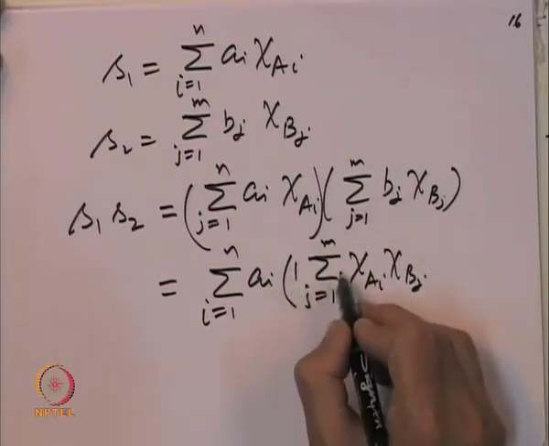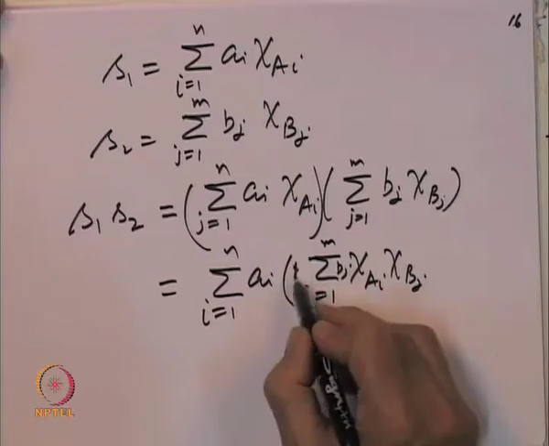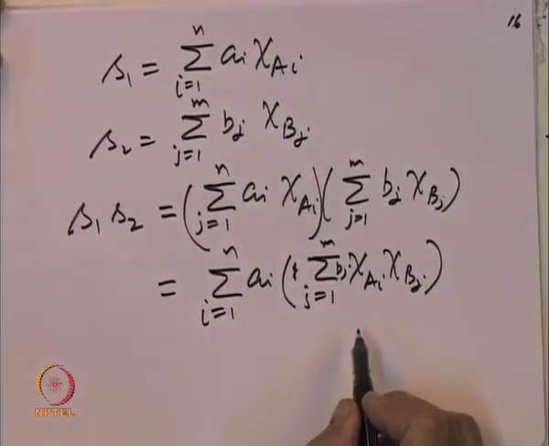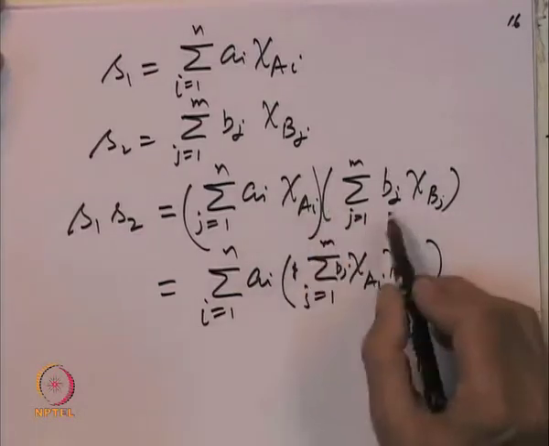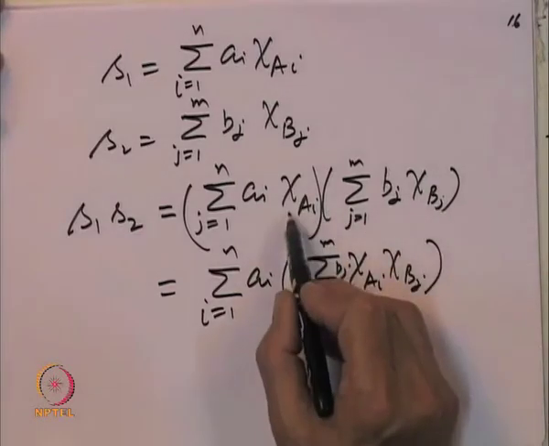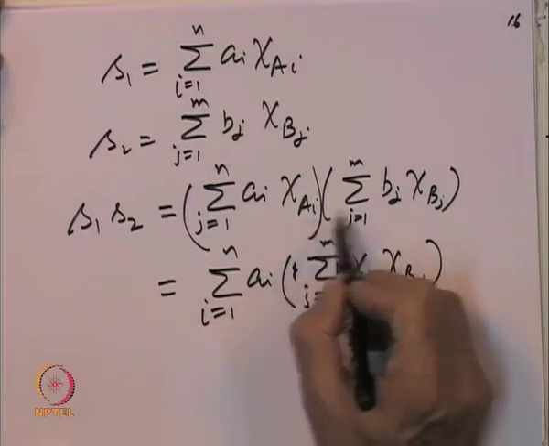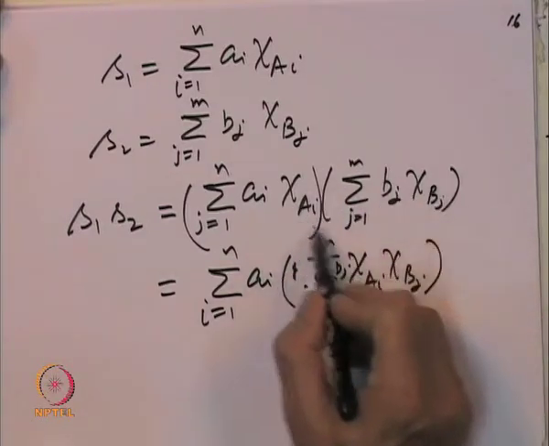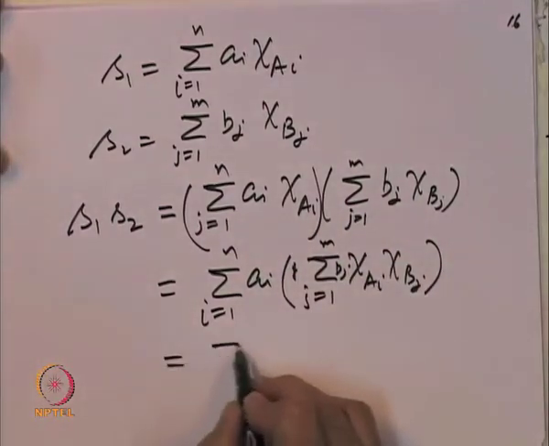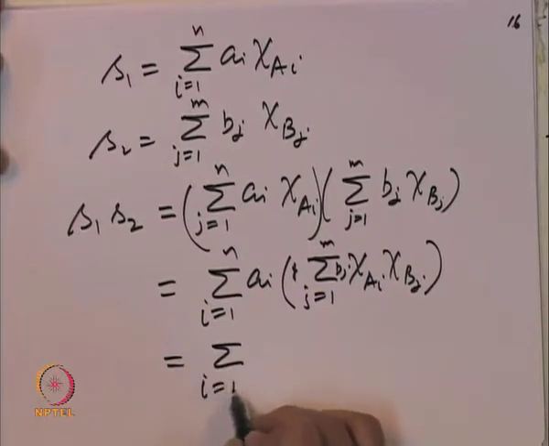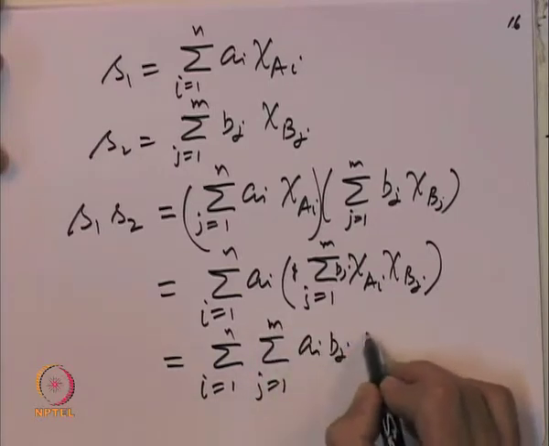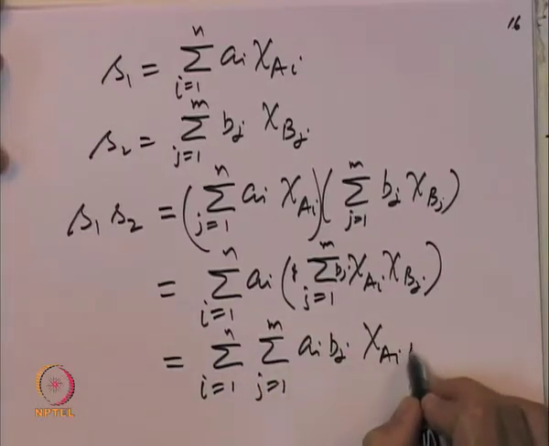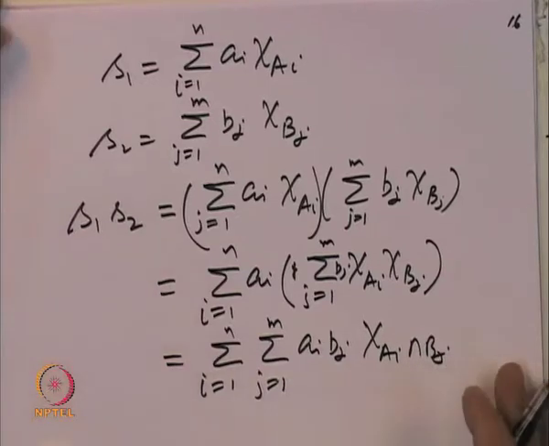Anyway, we need not have done that much. We could have just said that chi, the indicator function of A_i times S_2, each one of them is simple. So, anyway, this can be written as summation over i 1 to n, summation over j equal to 1 to m, A_i B_j chi of A_i intersection B_j.